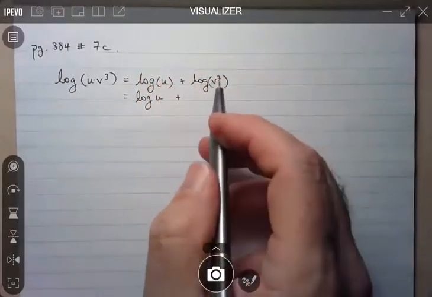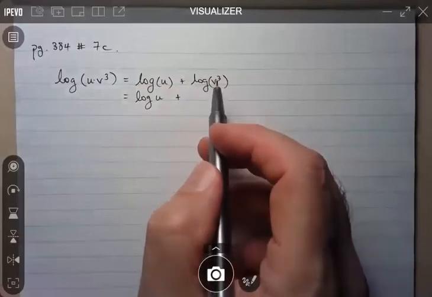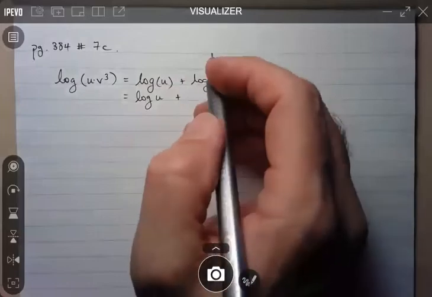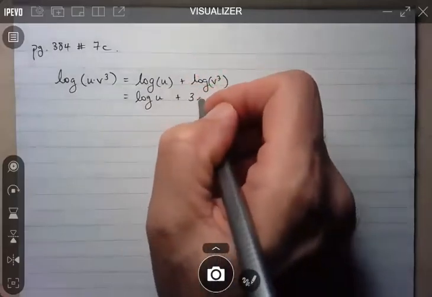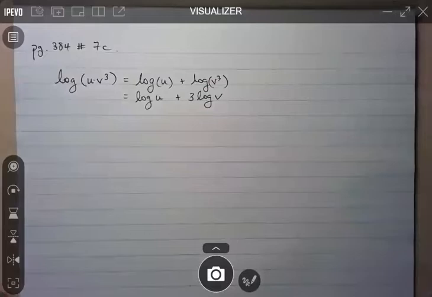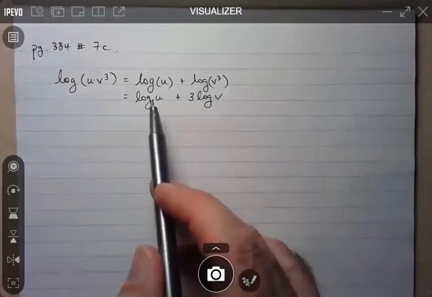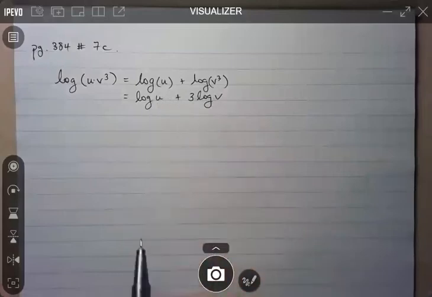But now here, we know that we can use the ski slope rule at this point because I have the logarithm of a power. And so here, this just becomes 3 log v. And what's nice about this, as we'll see later on, is that it's nice to work with individual logarithms if we can, instead of this more complicated one.